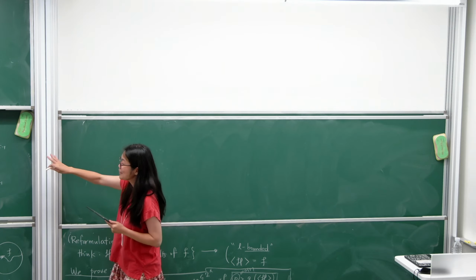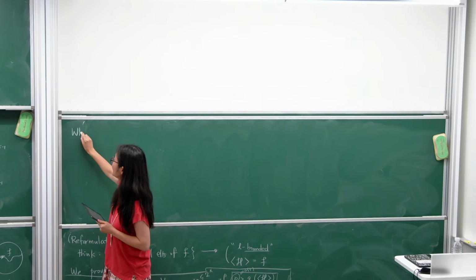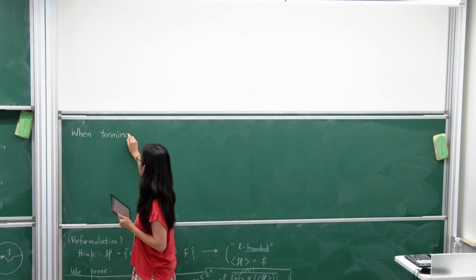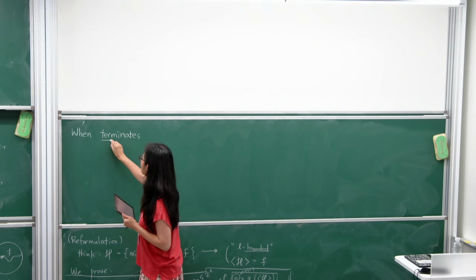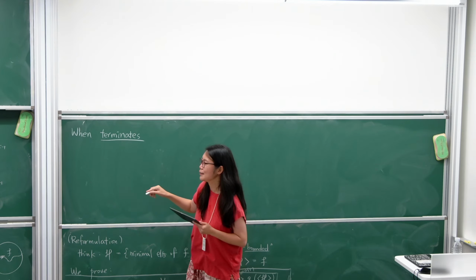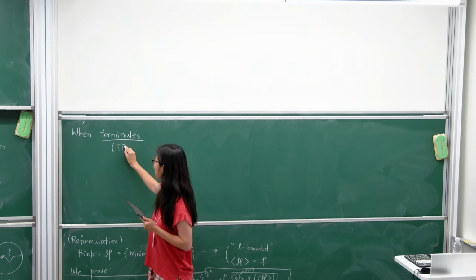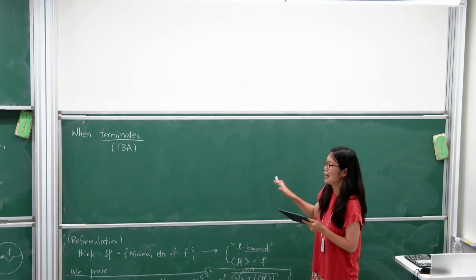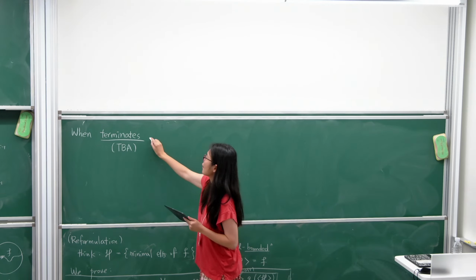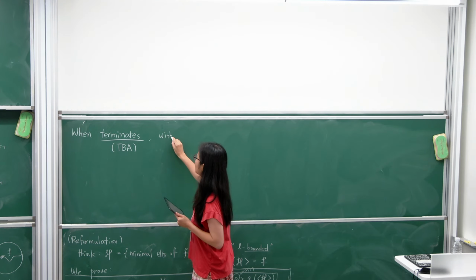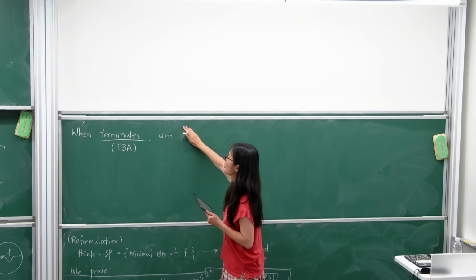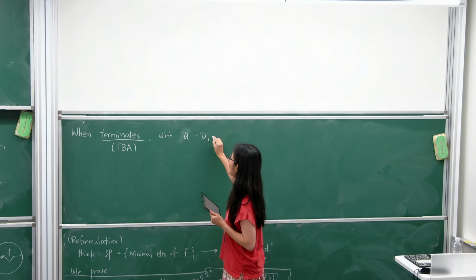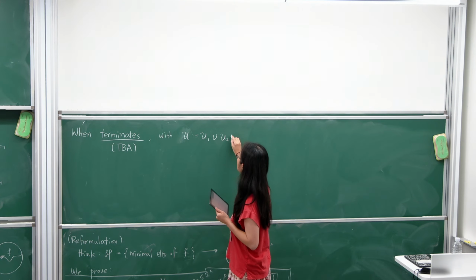And okay, so this is our construction, and when it terminates, and again this termination condition is not defined yet, and this is again to be announced. But there is a termination condition, and when it terminates, then we collect all of the partial covers that we constructed so far, with U defined to be the union of all the partial covers.